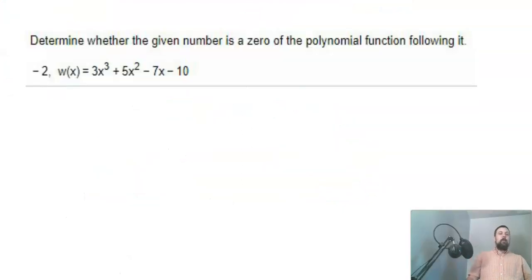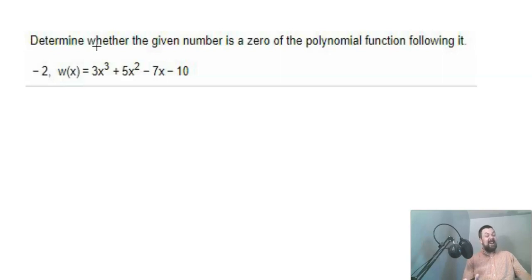Okay, so in this problem, we're being asked to determine if -2 is a 0 of the polynomial function following it. Again, on this one, you could just take the number and plug it in and see if it equals 0. And if it does, that means it's a 0 of the polynomial. And I've allowed that on tests when students have done it that way.